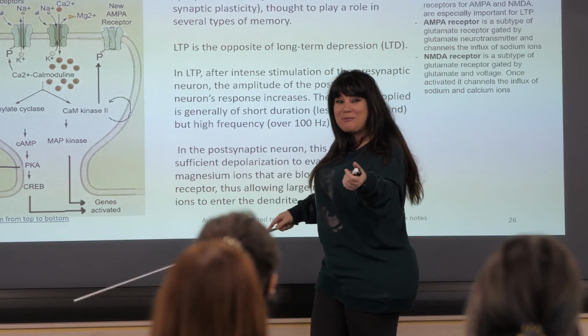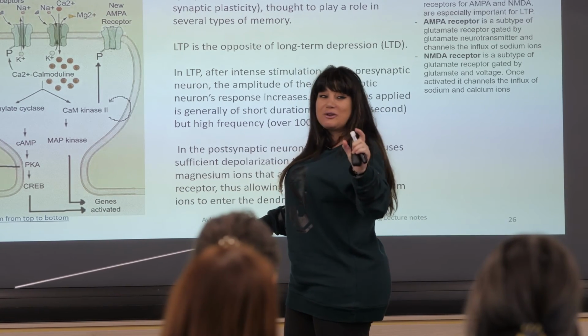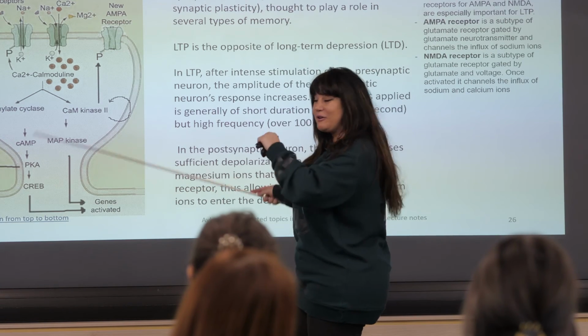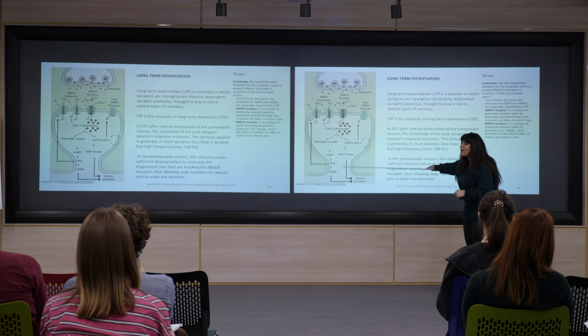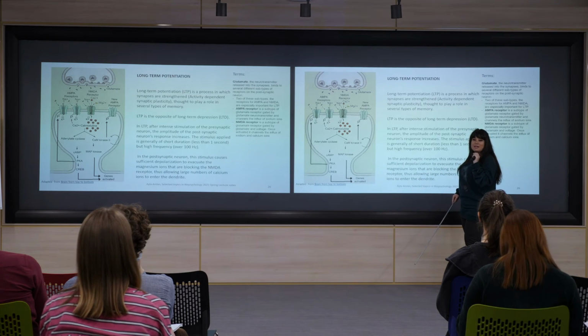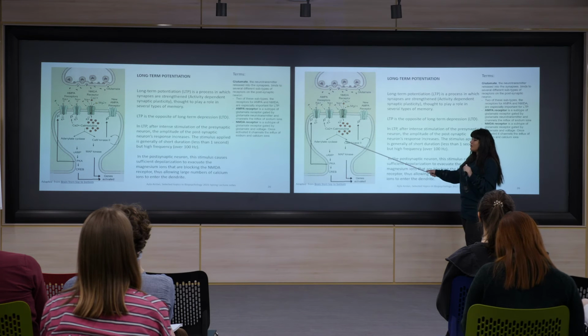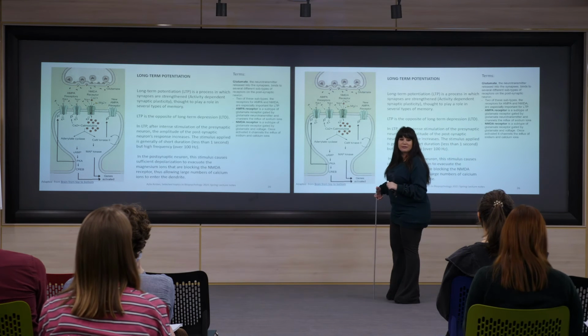Exactly, it goes to the soma, and what do we have in the soma? Nucleus and genetic material. So calcium triggers all these events downstream to the nucleus of the cell, in which there are genes, and calcium for that reason has the capability to turn genetic expression on and off.